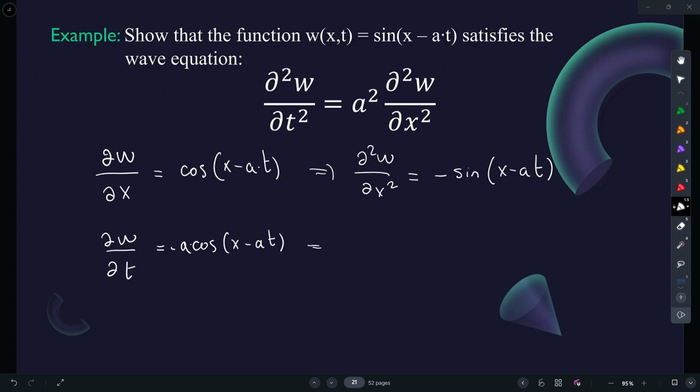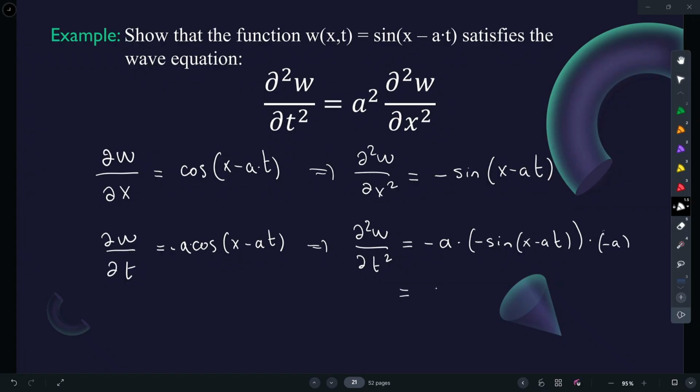Okay? And now if I take another derivative of that function with respect to t, so now I'm taking a derivative of this one with respect to t, I get minus a times, the derivative of cosine is minus sine, so I actually get minus a times minus sine of x minus at times the derivative of the inside, which is another minus a.